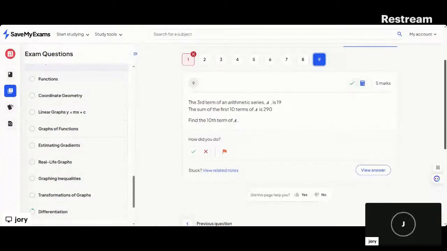So 58 equals 2 times 19 is 38 minus 40 plus 9d, which is plus 5d. Right, so 58 minus 38 divided by 5. The d is 4. Difference is 4. D equals 4.